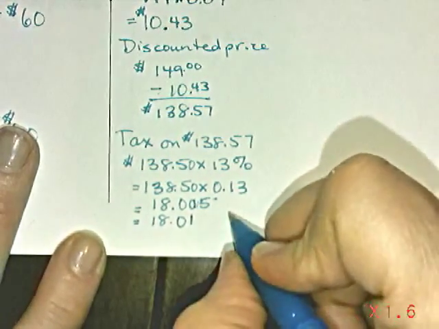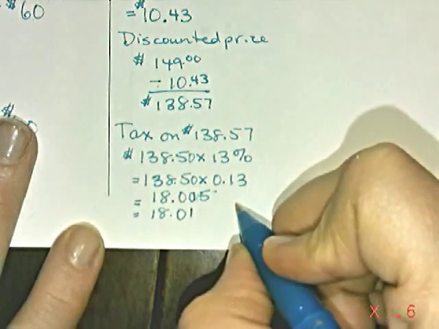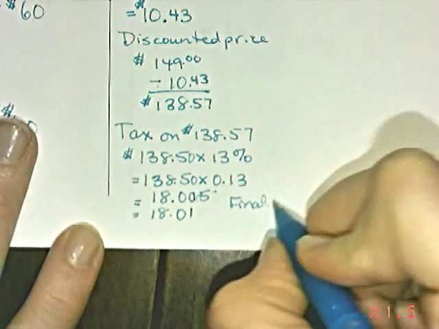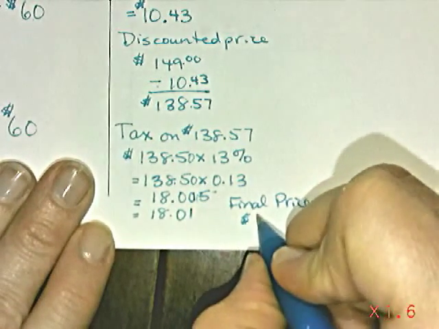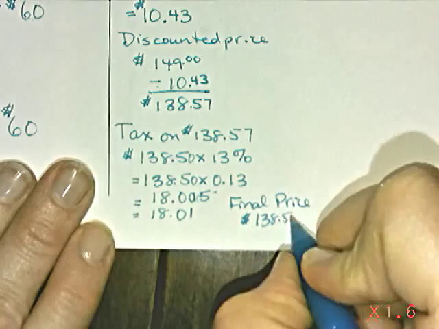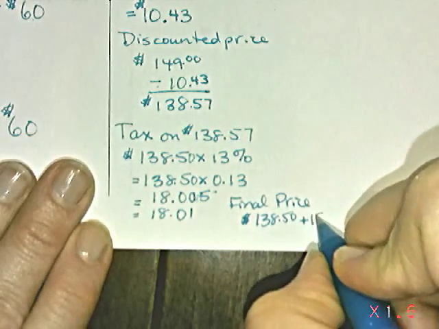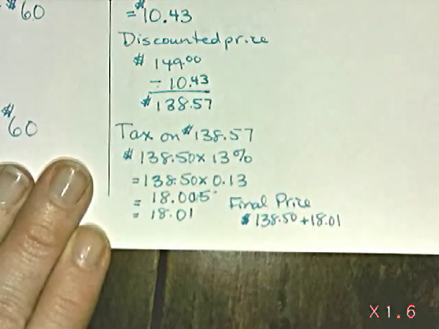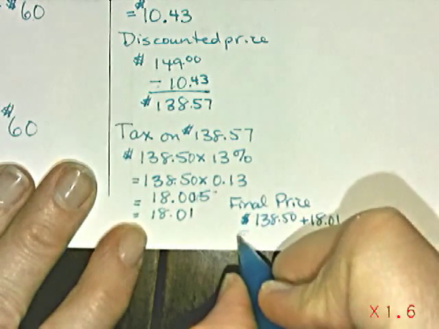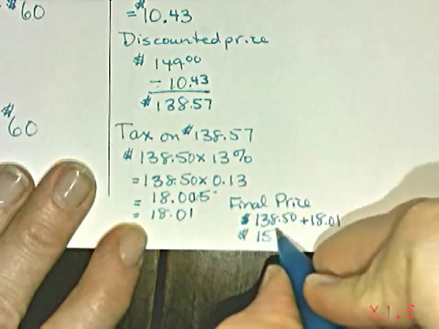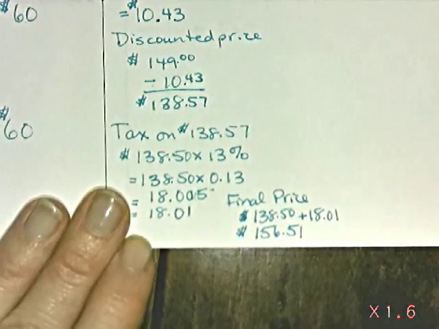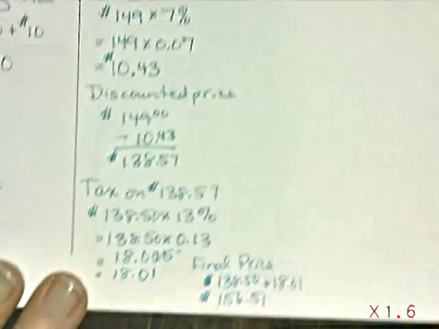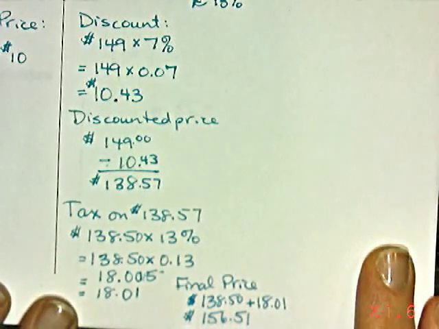And finally, the final price of the iPod, I would take my $138.50 reduced price, add in my $18.01, and I would find that I would be paying $156.51. Now, there is definitely a faster way with fewer steps to get to that $156.51.